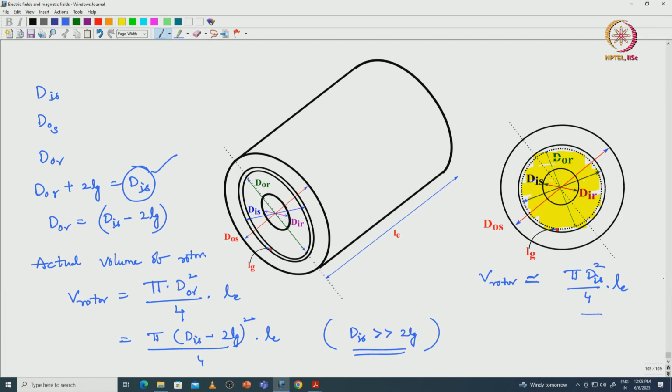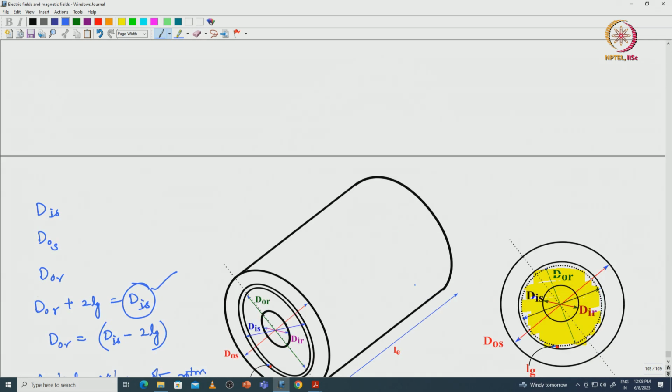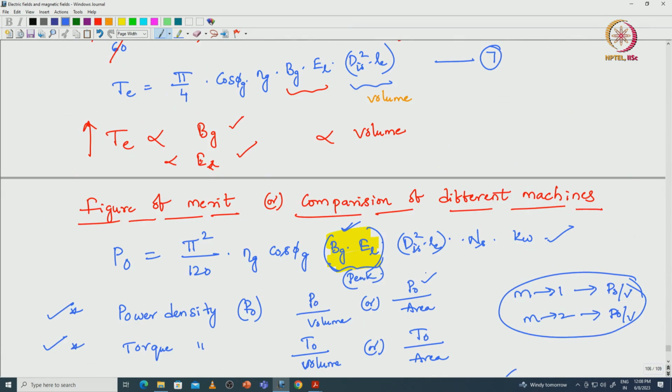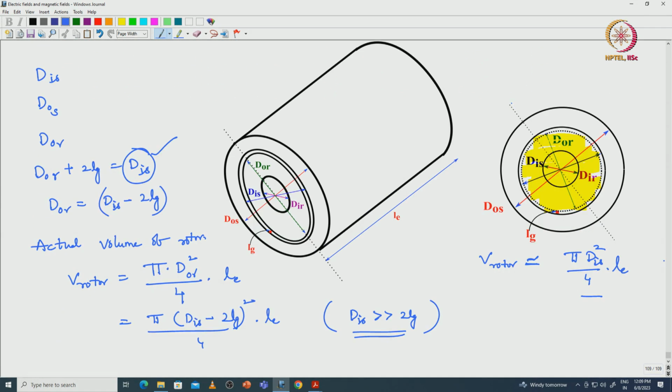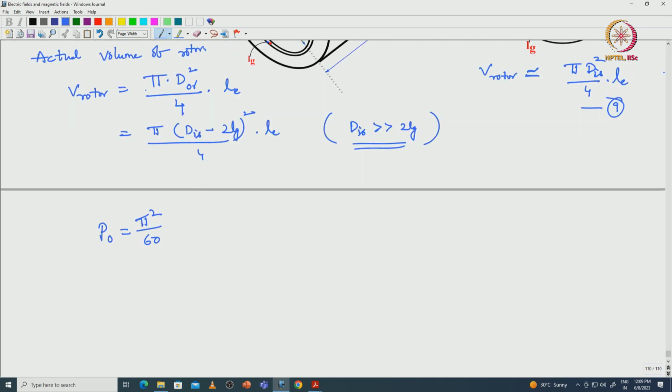I will represent this equation as 8. Okay. This equation may be 8 and this equation is 9. So, in terms of rotor volume, we can find the power equations. By changing the rotor volume, we can also find how the power equations are changing. So, the power equation P0 is equal to pi square by 60, from equation 8.